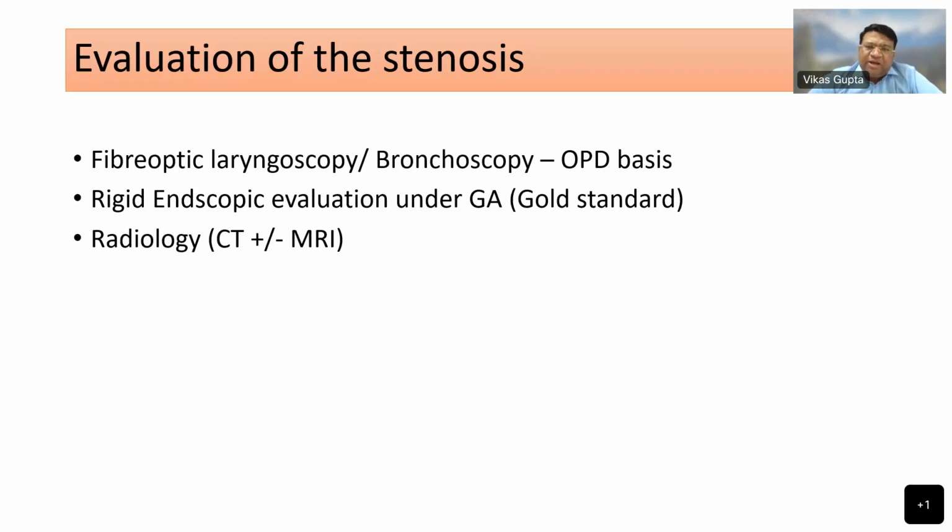If possible, it is always preferable not to be very far away or very low down from the stenotic segment, because when we do a tracheostomy, we are damaging a few more cartilaginous rings. So the best is to incise at the level of the stenosis itself, and in a controlled way you can put in a tube.